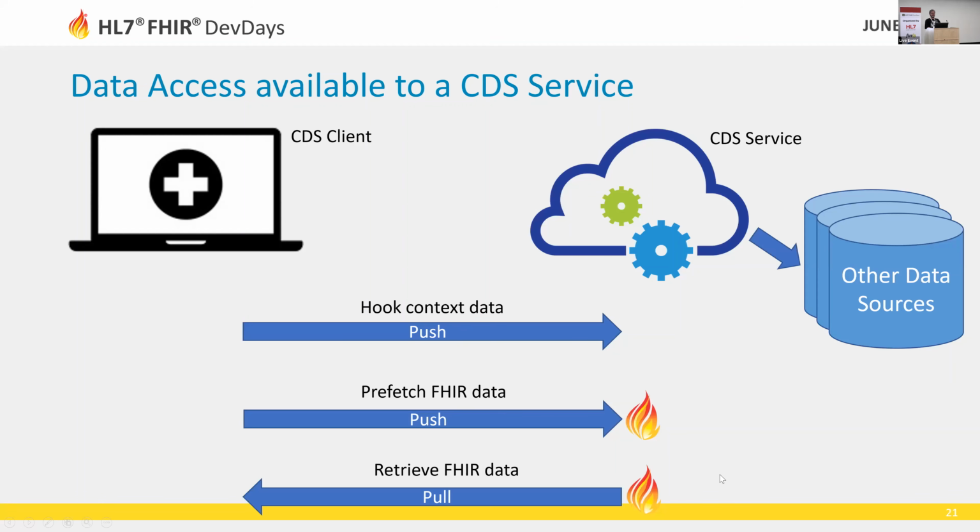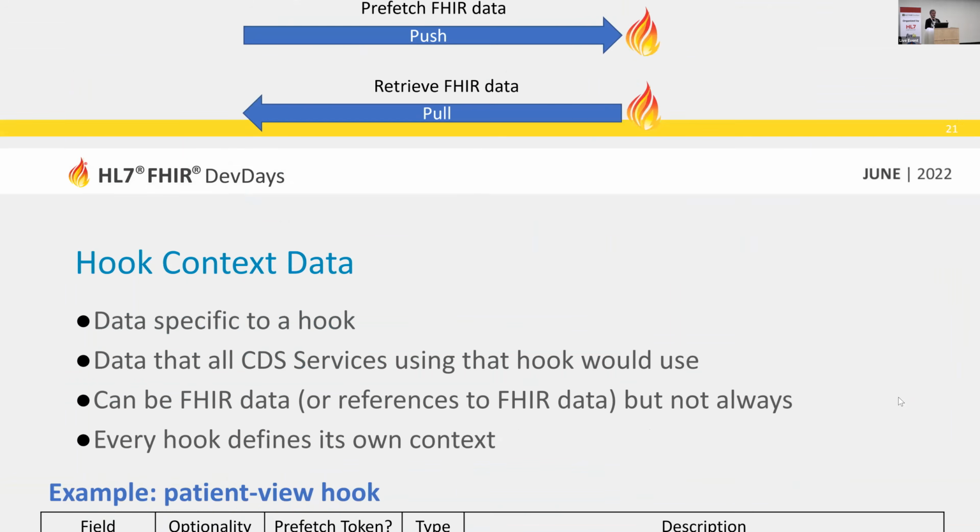There could also be prefetch data, where the service has indicated that it requires some additional information and asks the client to provide that as part of the request. Or it can retrieve FHIR data if the CDS client provides a FHIR endpoint to the service. So there are cases for each of those.